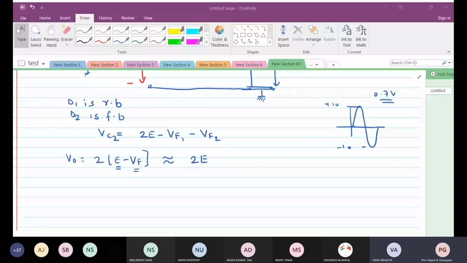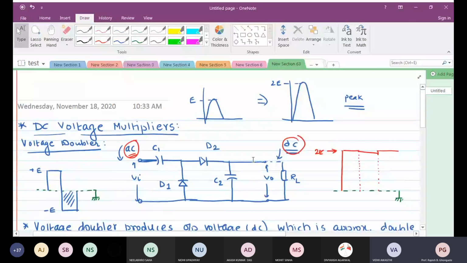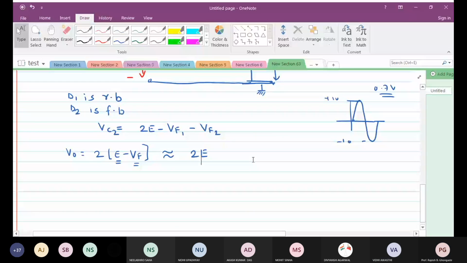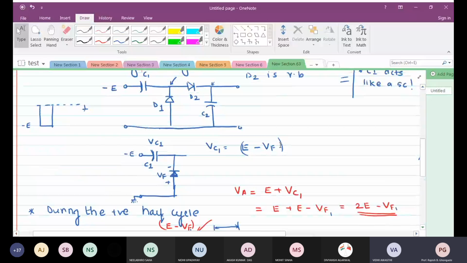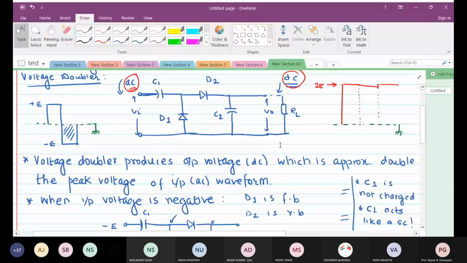Okay, I was asking, does anyone have any doubt about the operation? Sir, this voltage doubler is only for the positive half cycle. Yes, of course. But it doesn't matter. If you want a negative voltage, what can you do? Just reverse the load. That's it. It doesn't matter.